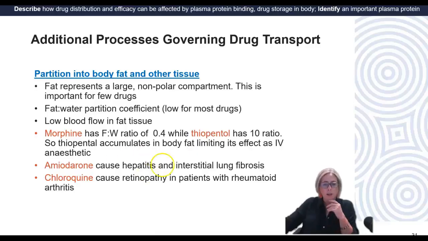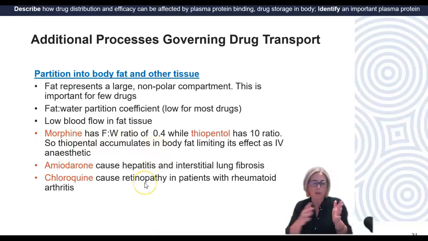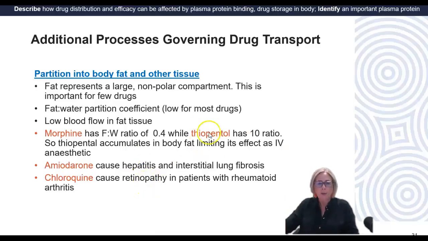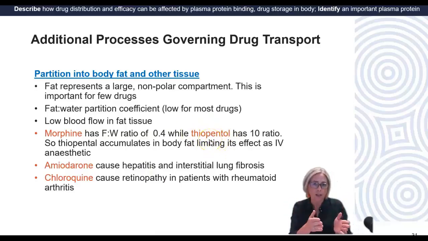But if you think about it as well, if somebody is going in for a surgery and they need an anesthetic, and let's say two people are going in and one is very, very lean and one has a much higher fat content, if you gave these two people the same dose of thiopental, the thiopental would have a much greater effect in the very lean person, whereas not so much of an effect in the person with the higher fat content. So you'd have to increase the dose if you were going to use it in that case.